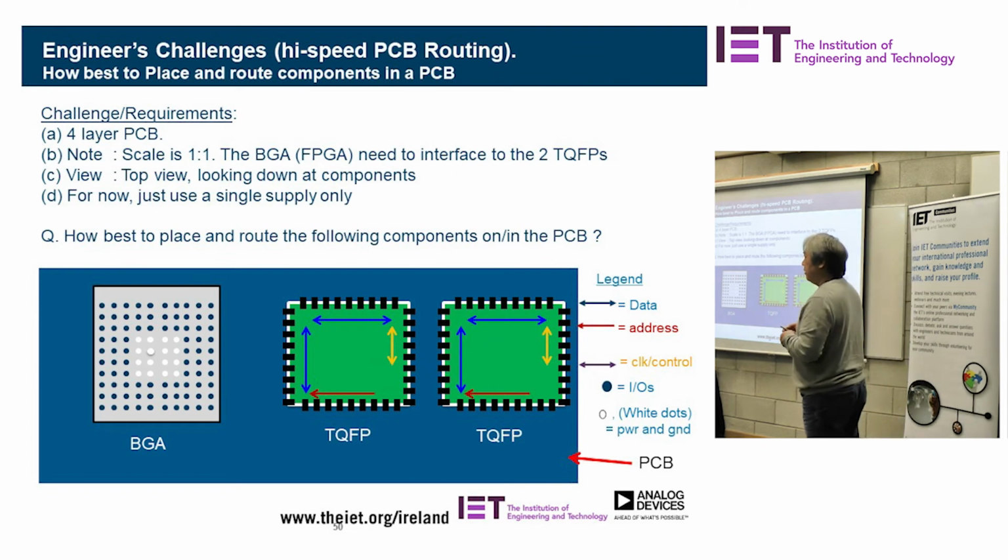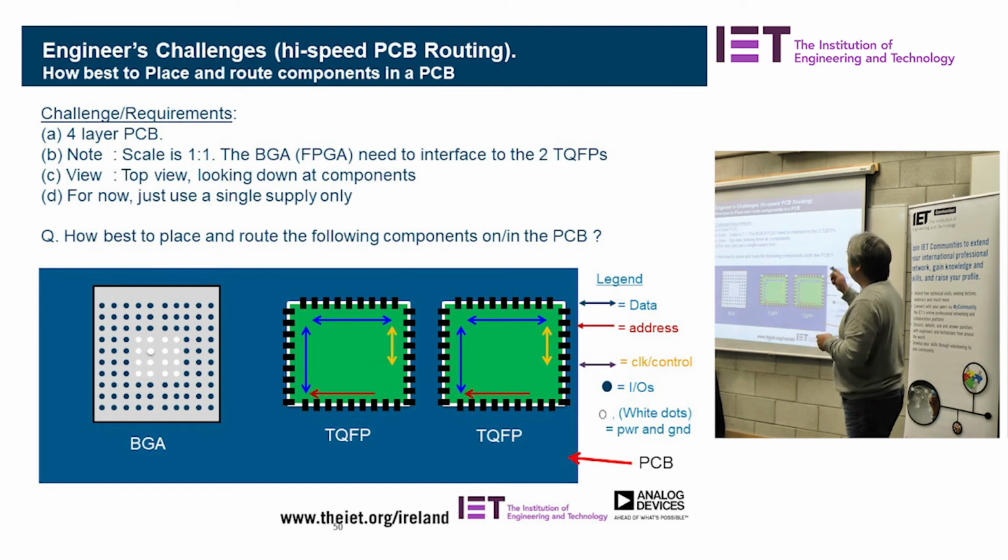Yeah, top and bottom, you could do that. But don't forget you have 4 layers to play with. We use a single supply, so you need 1 layer for power and 1 layer for ground. So you have 2 layers for routing.